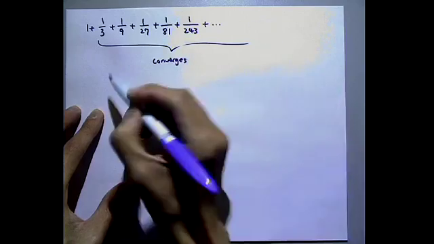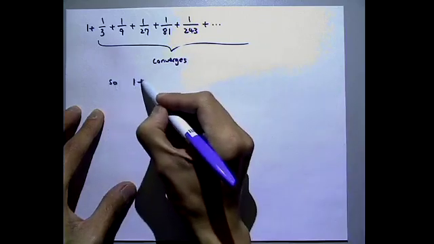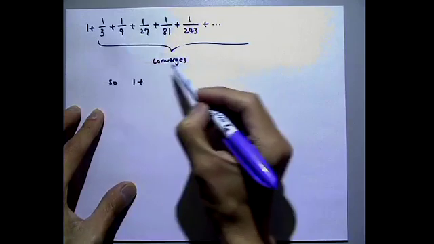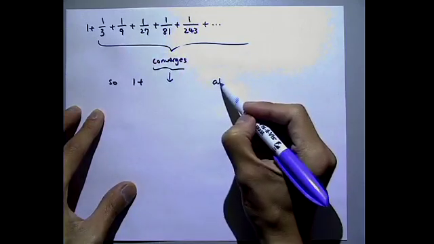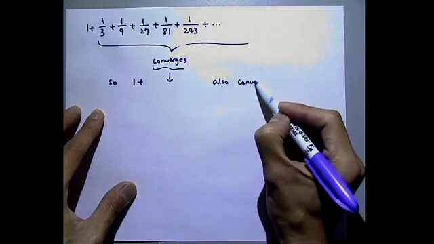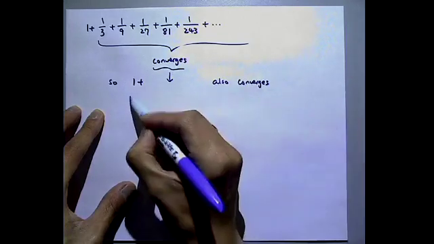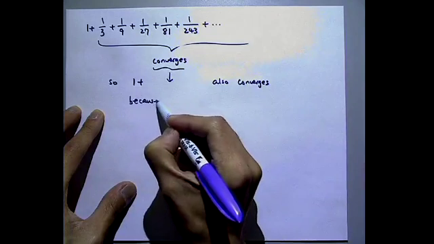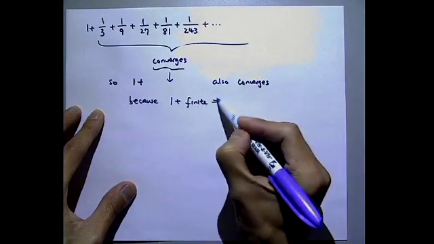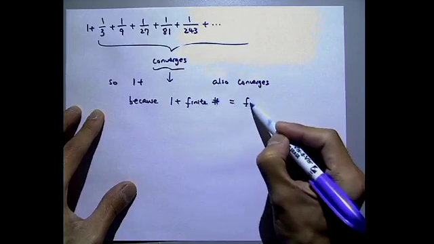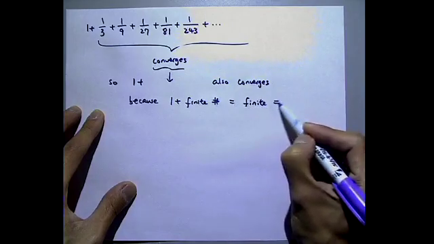So this converges. So 1 plus all of that stuff also converges, because 1 plus a finite number is another finite number.